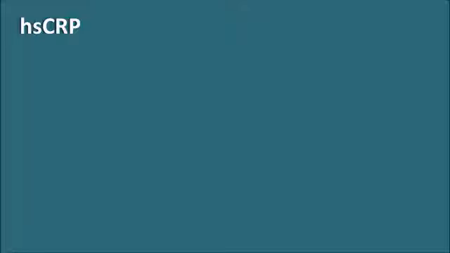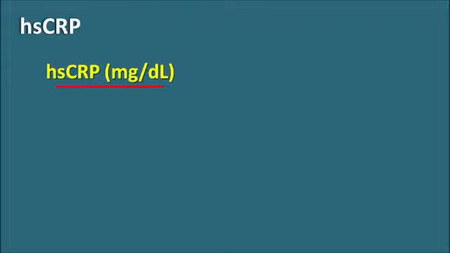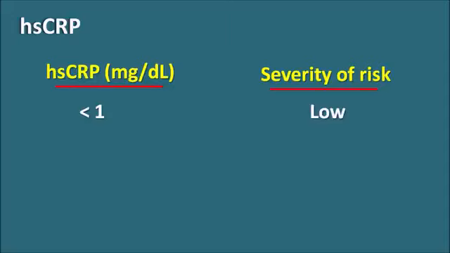These values are more accurate, and HS-CRP levels can again be expressed in milligram per dl. Based on these values, we can also assess the severity of the risk of inflammatory and cardiovascular disorders. If the HS-CRP levels are less than 1, the risk of cardiovascular disorders is low.